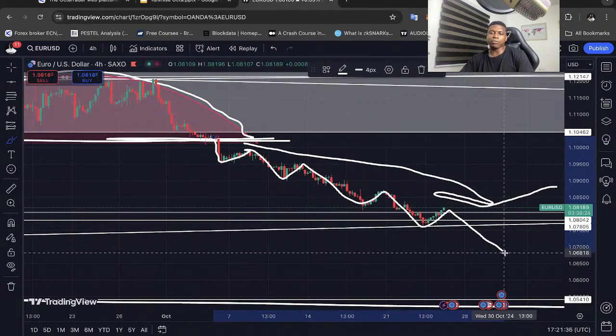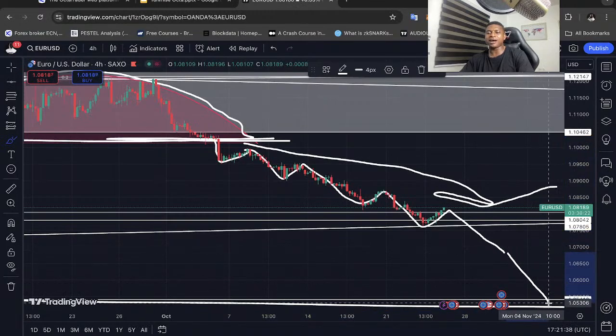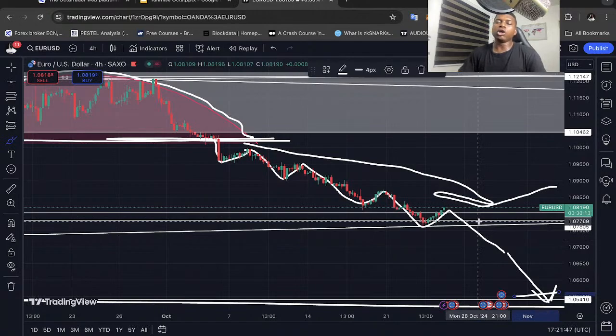Okay, and this drop can go as far down as this level, because this level is the next support zone. So for EURUSD, we are anticipating a sell position.